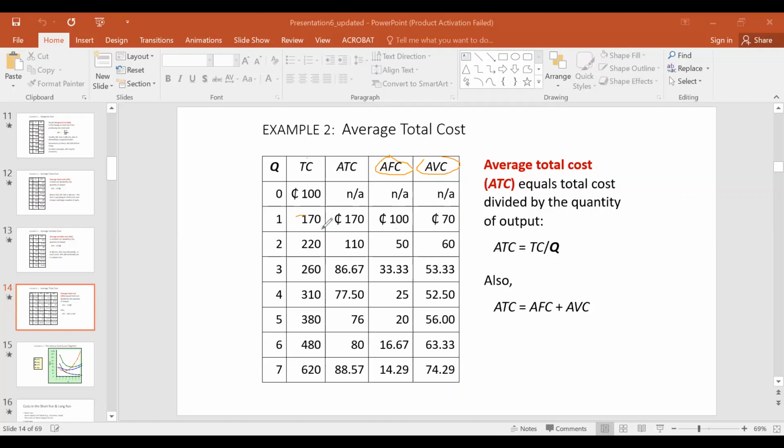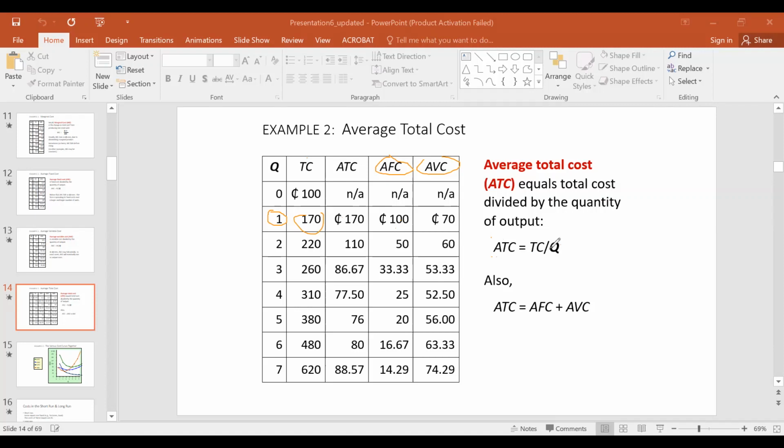You can have your total cost divided by the number of output produced, and you get your average total cost. You will see why these are useful later on. These are numbers that every firm must keep an eye on to make production decisions. That's why we are going through all these. Average total cost is your actual per unit cost of producing.